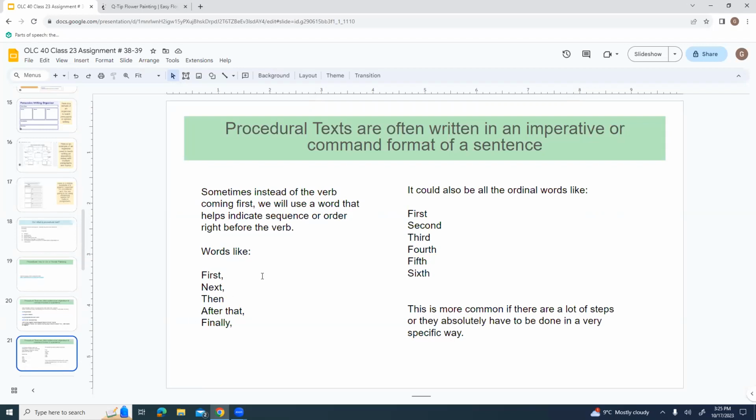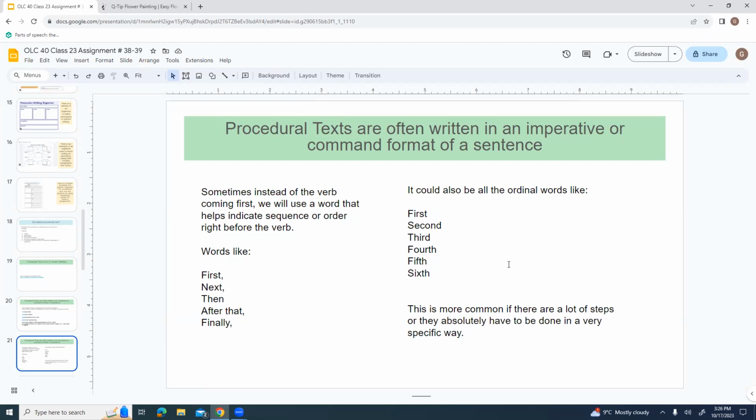However, sometimes instead of putting the verb first, we will put a word first that indicates the sequence or the order right before the verb. It can be words like first, next, then, after that, or finally. It could also be ordinal words like first, second, third, fourth, fifth, sixth.